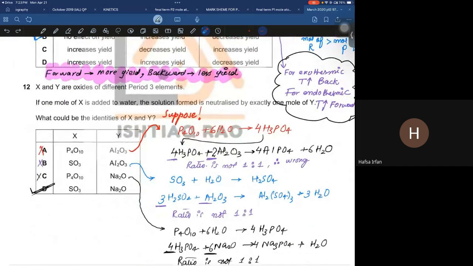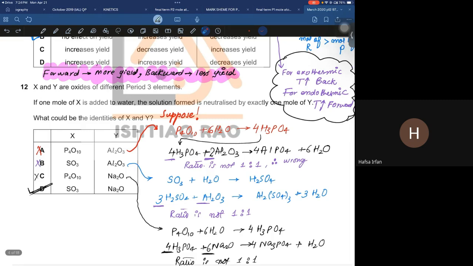Question number 12. X and Y are oxides of different period 3 elements. If 1 mole of X is added to water, the solution formed is neutralized by exactly 1 mole of Y. What could be the identities of X and Y?